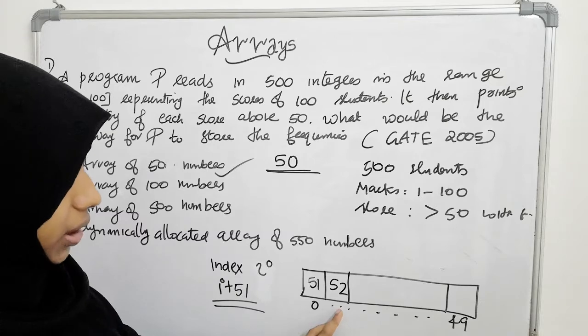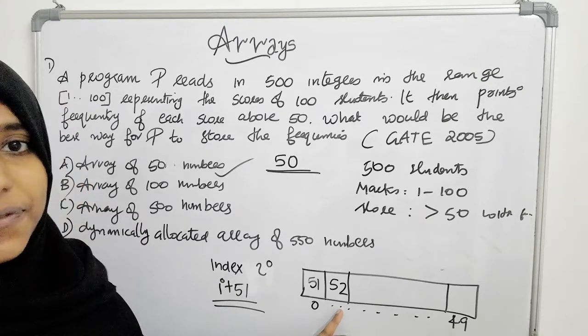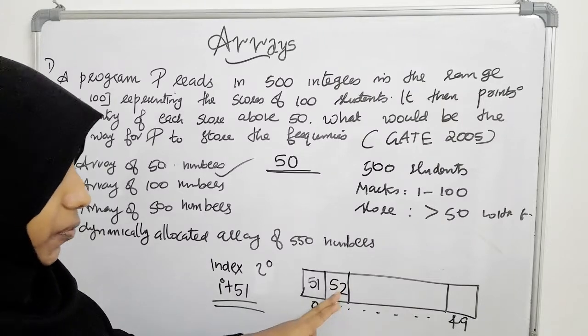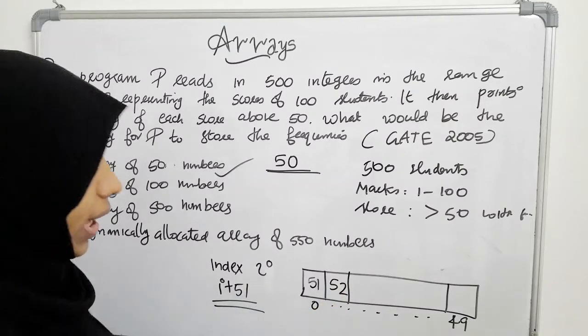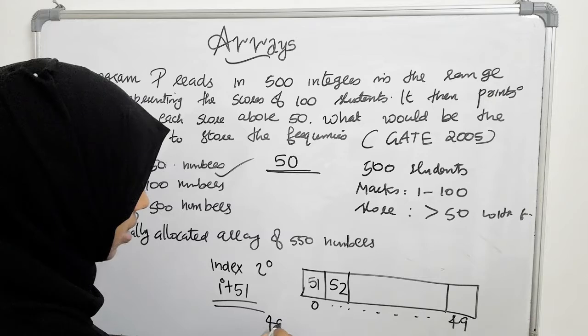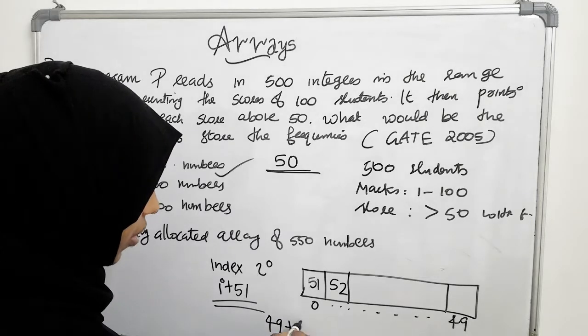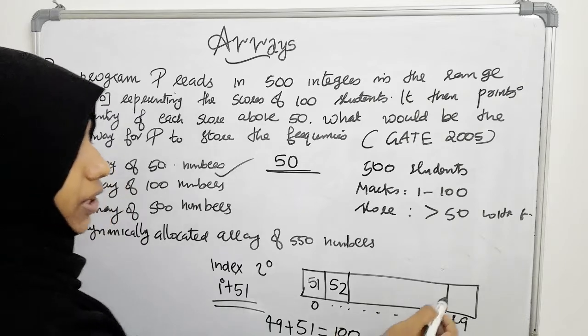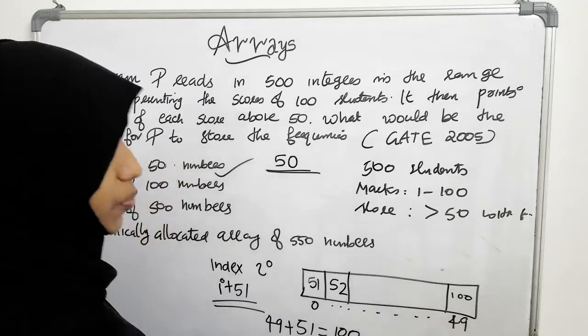In index 1, you will store the frequency of the mark 1 plus 51, that is 52. In the 49th index, you will store the frequency of 49 plus 51, which is 100. So you will store the frequency of the mark 100 in this position.